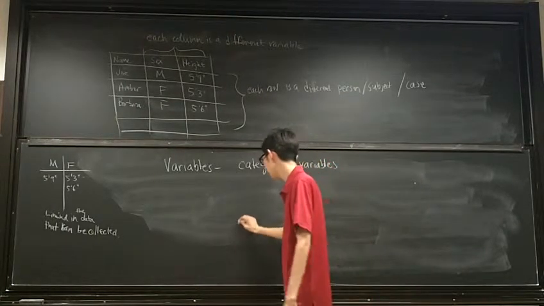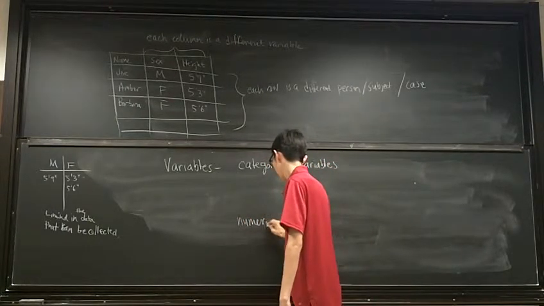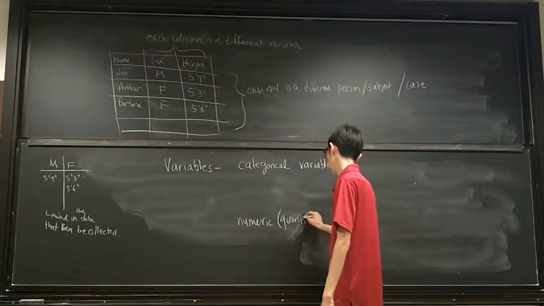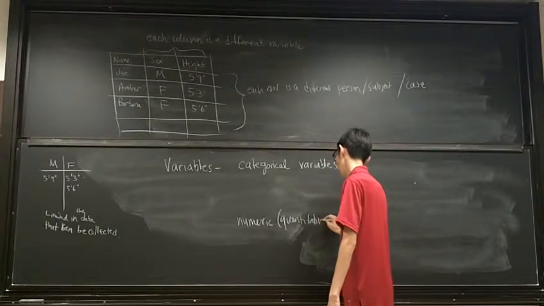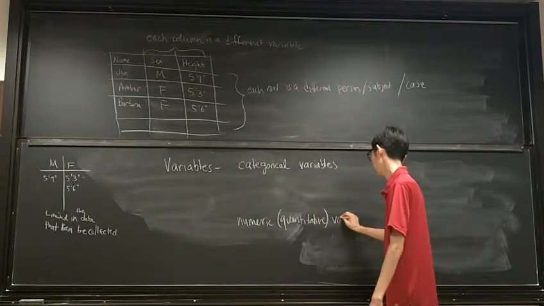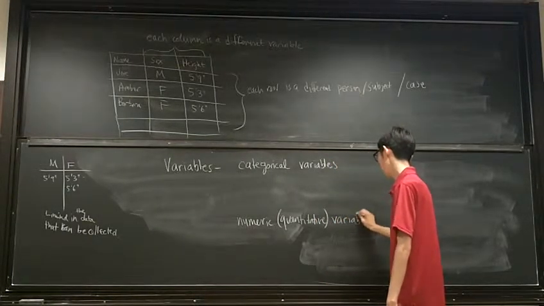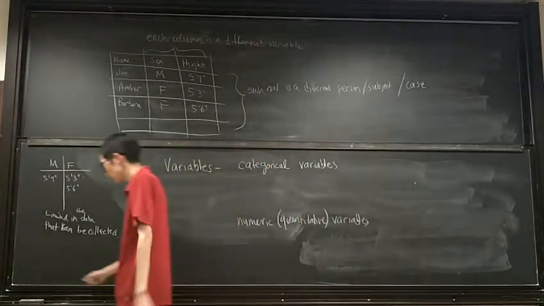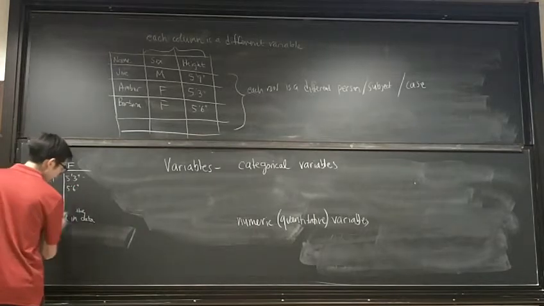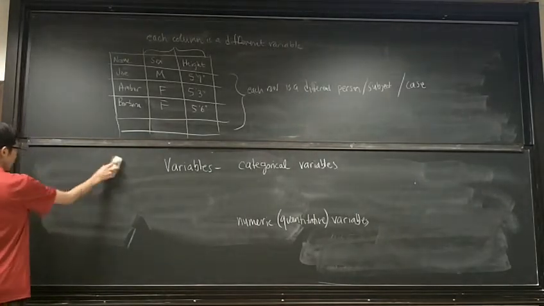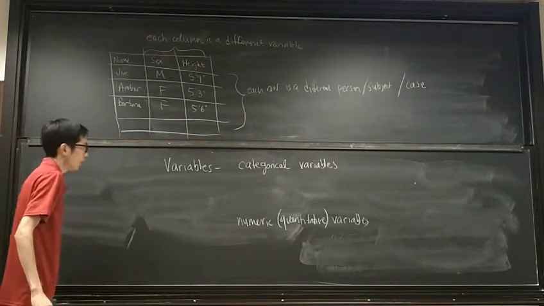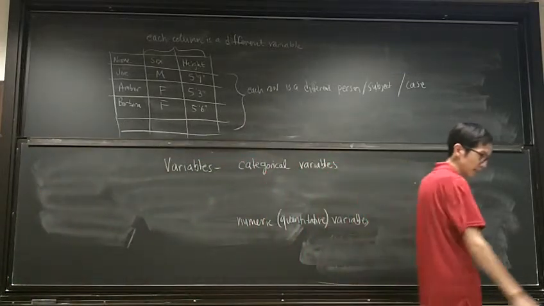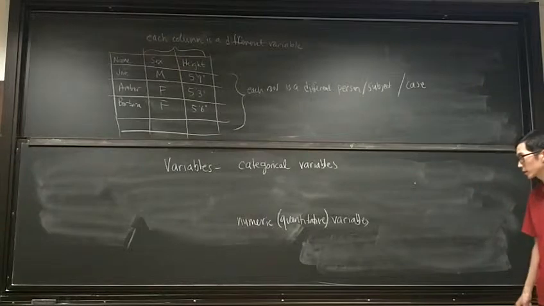And we have numeric, or quantitative, variables. Okay. And these variables can be further subdivided. But these are the big types that we've got, okay?